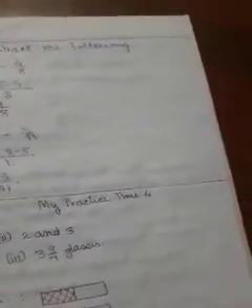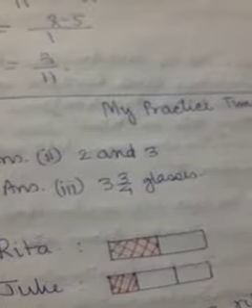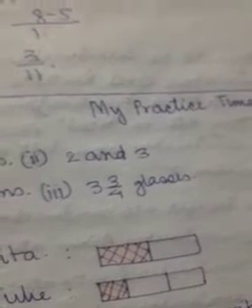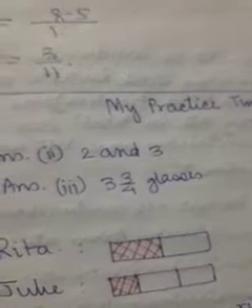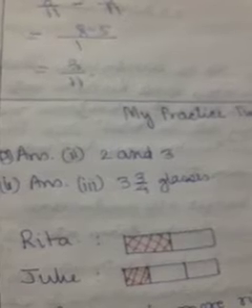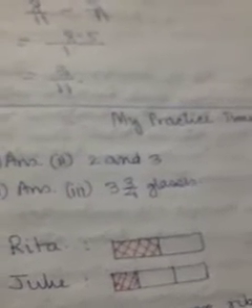In question number 2, the question is like this. Rita and Julie had ribbons of the same length. Rita cut her ribbon into halves and used one piece of it. Julie cut her ribbon into thirds and used one piece. Finally the question is asked, who used more ribbon?